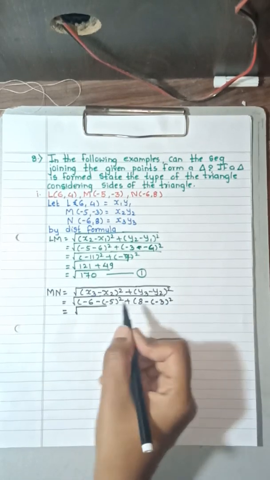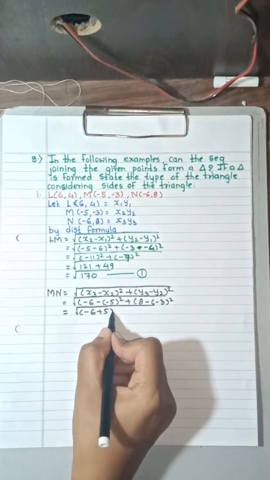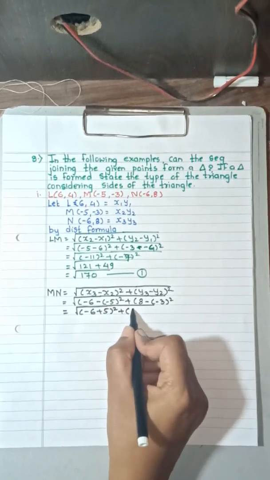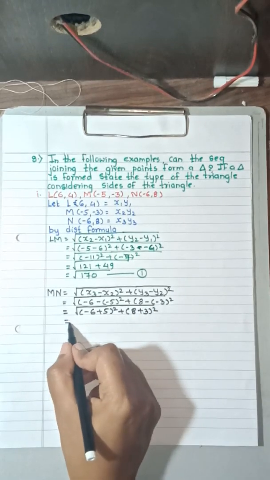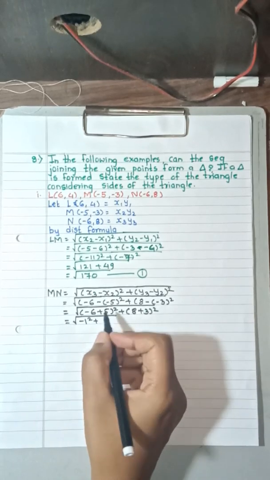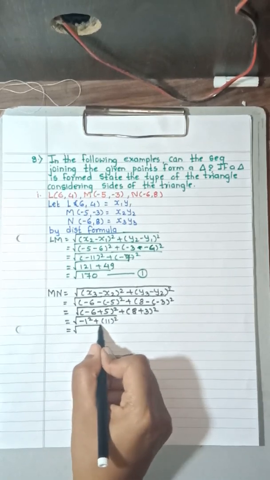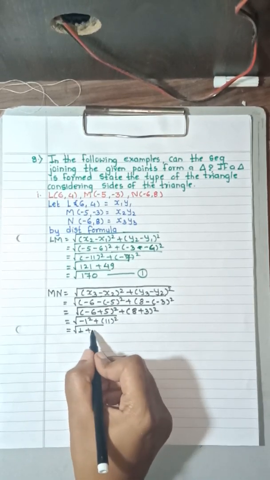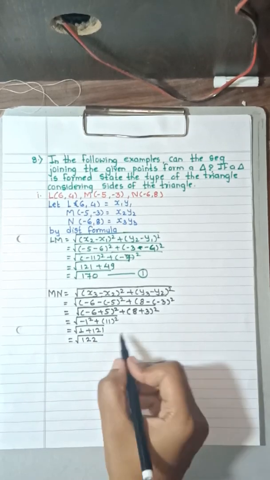This gives under root of (-6 plus 5) square plus (8 plus 3) square, that is under root of (-1) square plus 11 square. Now (-1) square is 1 plus 11 square is 121, that will be under root of 122.